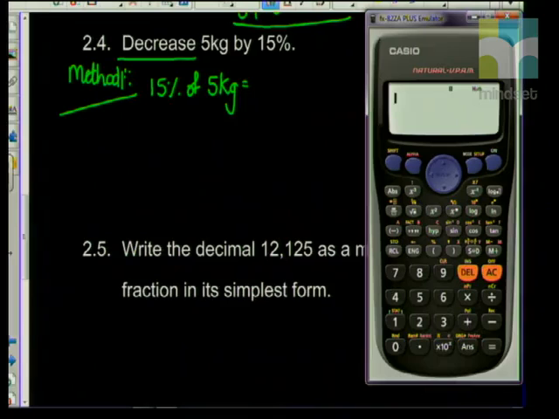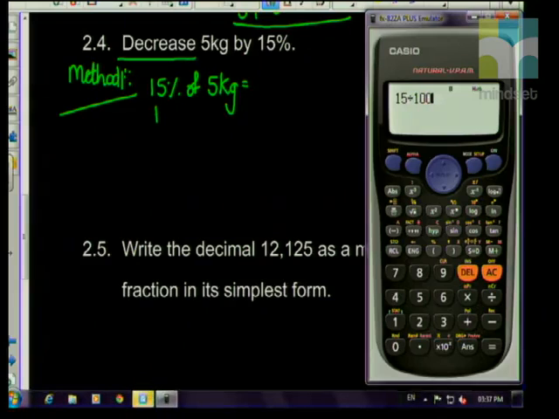To do this on the calculator, I can say 15. If I've got a scientific calculator, I can use the percentage button, but if I didn't, I would just divide that by 100. So it would be 15 over 100 times 5.